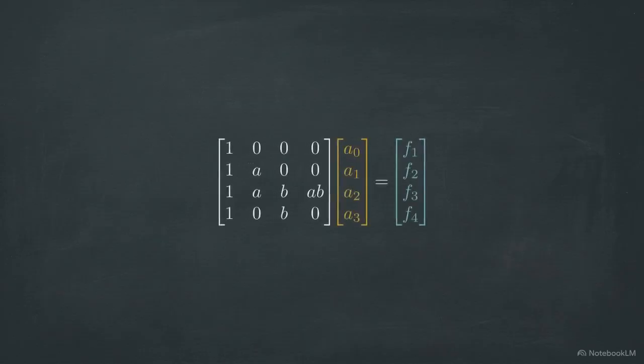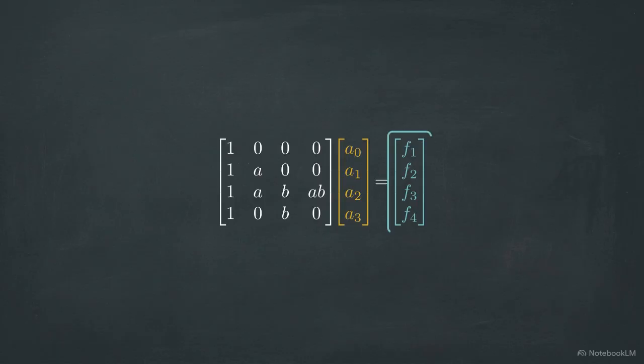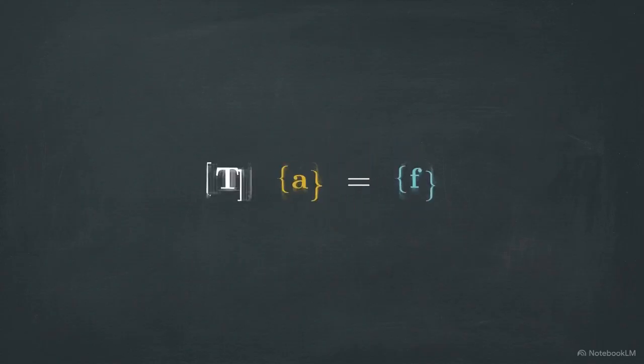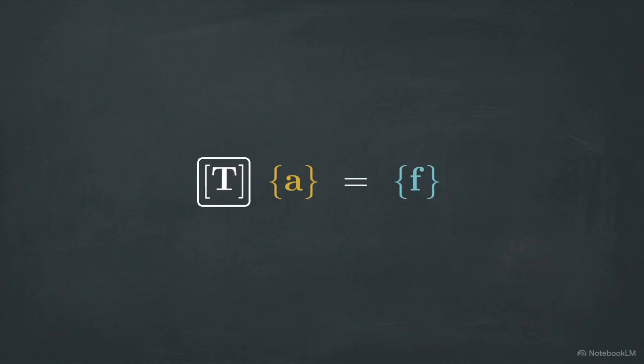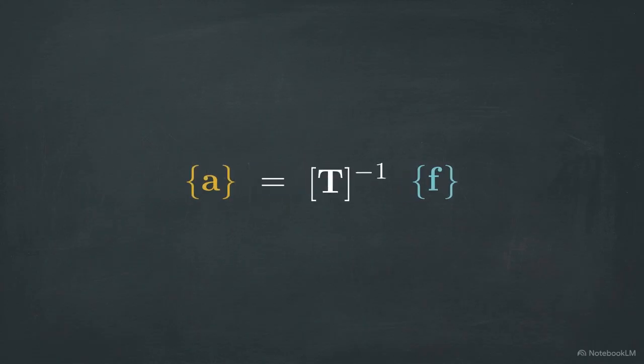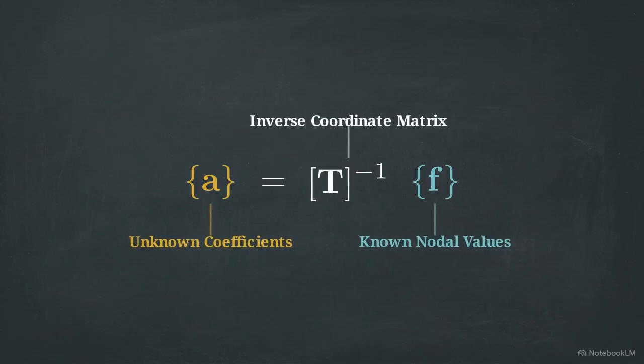Currently, our equation is solved for the nodal values, vector f. But we need to isolate the unknown coefficients in vector a. In linear algebra, to isolate a variable, the matrix must be inverted. We take coordinate matrix T and convert it into T inverse. This isolates our unknowns. Vector a is exactly equal to T inverse times vector f.